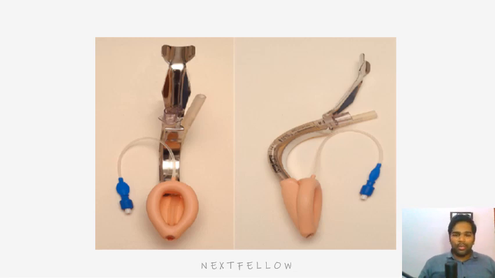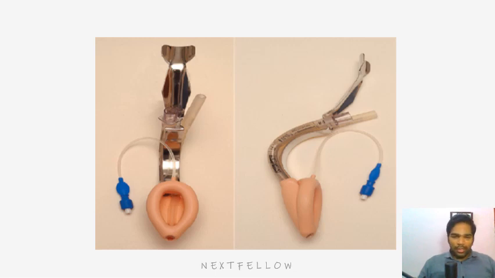So this LMA can be inserted not only by your fingers, but also with an introducer. If it is given along with an introducer, you just see how many ports are there, one port or two ports, and whether the introducer is attached to the LMA or not. So you see everything, and then finally decide whether it is an intubating LMA or ProSeal LMA.